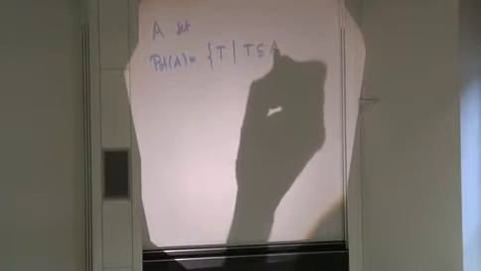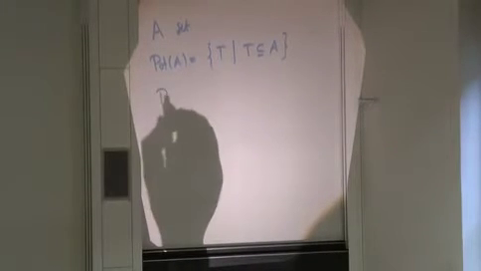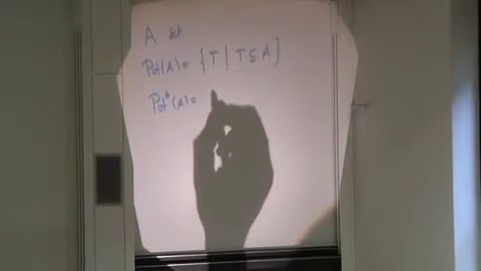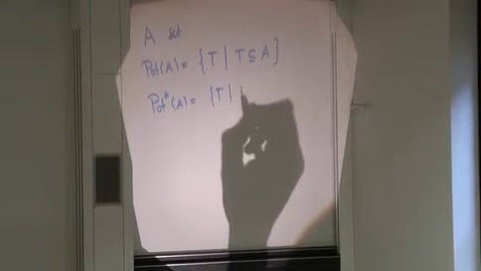So if A is a set, then the power set of A is the set of all subsets of A. And I put a star if this subset is finite.